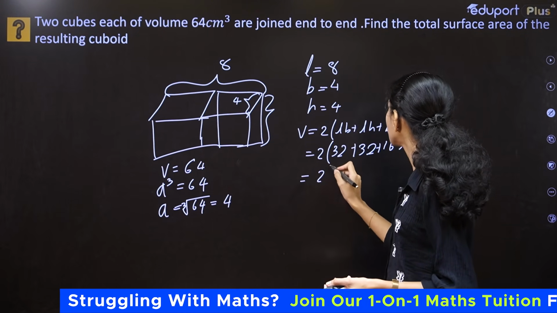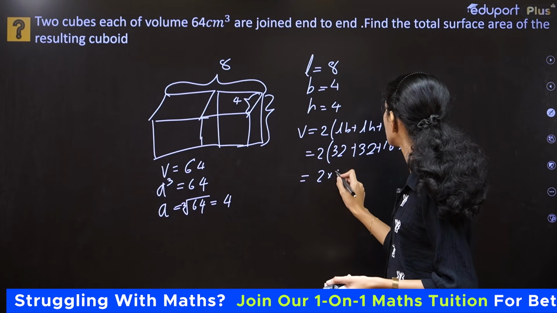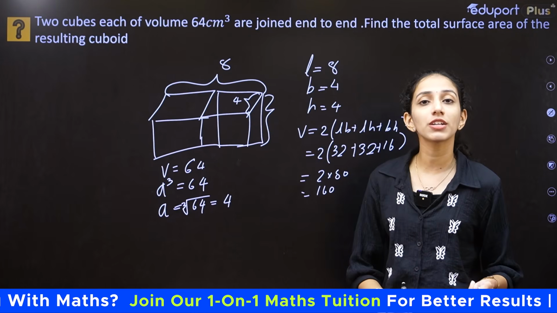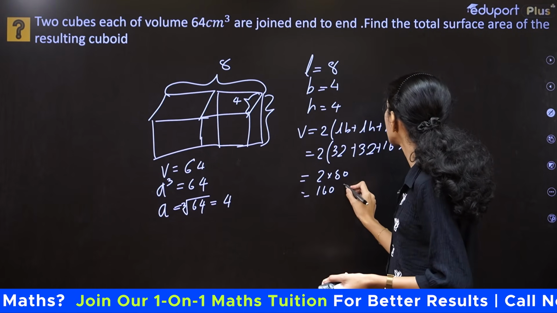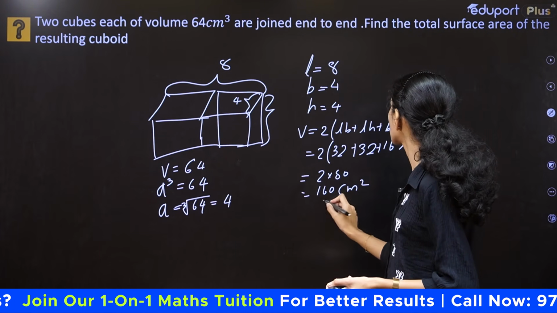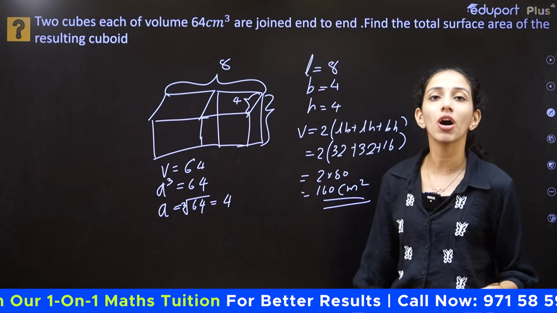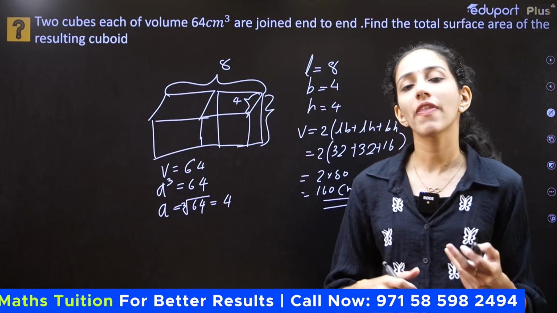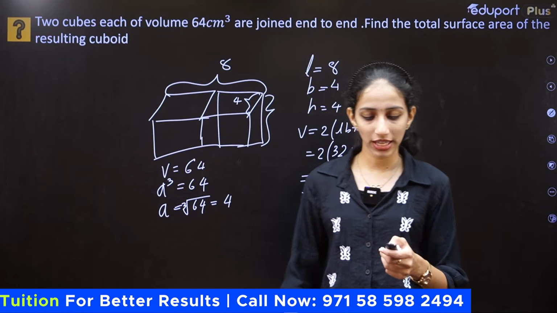So, 2 into 80 is equal to 160. And what is the unit of the surface area? Unit of surface area is centimeter square if length is in terms of centimeter. So this is an important question, a repeated question in our board examination.